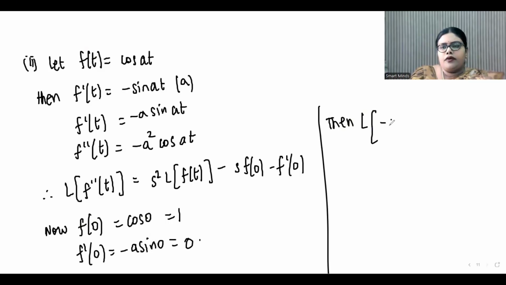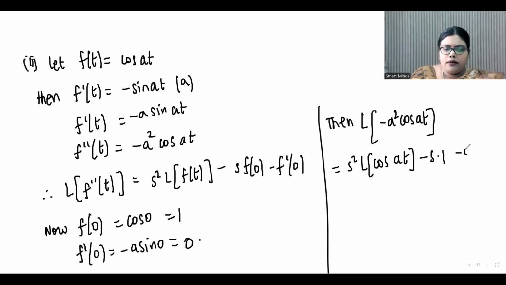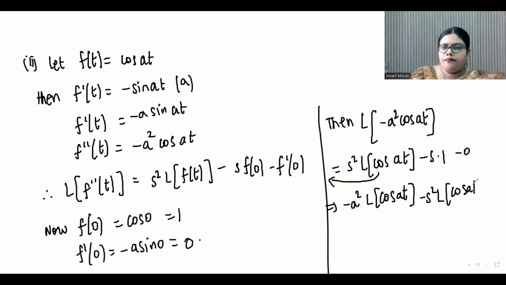Then L of minus a square cos at is equal to s square L of cos at minus s into 1 minus 0. So that means minus a square L of cos at minus s square L of cos at, I am bringing this term to the left hand side, is equal to minus s.